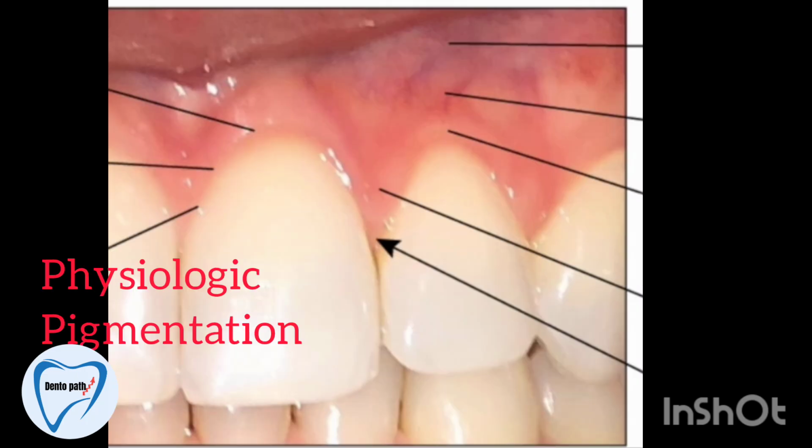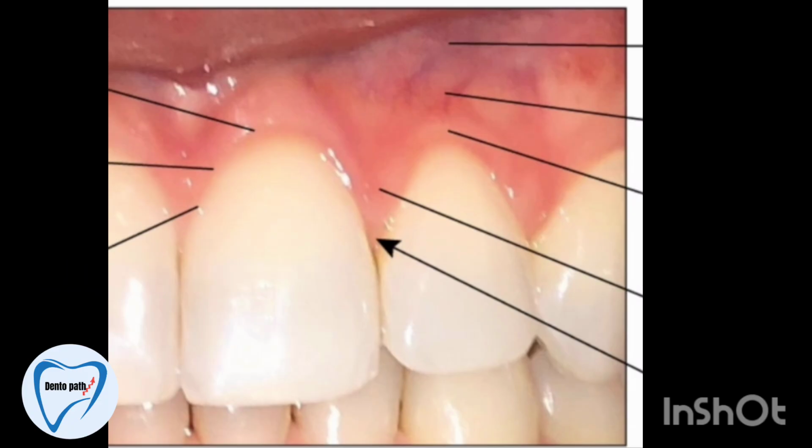See the physiologic pigmentation, that is melanin formation. Melanin is responsible for the normal pigmentation of gingiva. Melanin is present in all normal individuals. Its pigmentation in the oral cavity is prominent in black individuals. Ascorbic acid directly downregulates melanin pigmentation in gingival tissue.